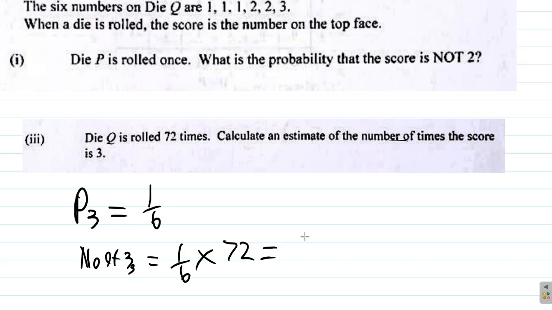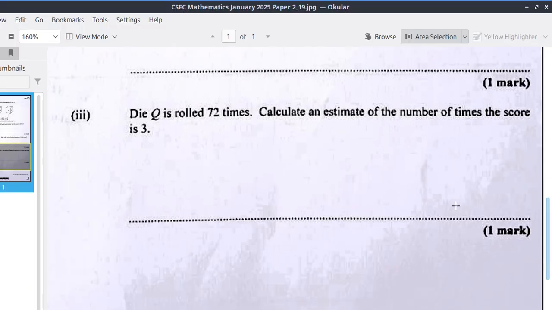Oh, so there are 12 sixes in 72. Good to remember your times table, your 6 times table. So that's going to be 12. So you estimate the number would be 12.